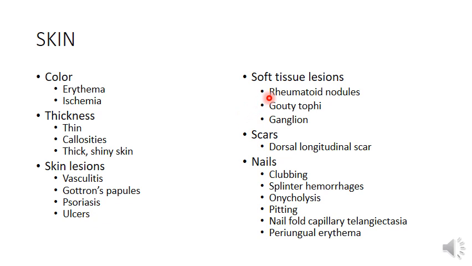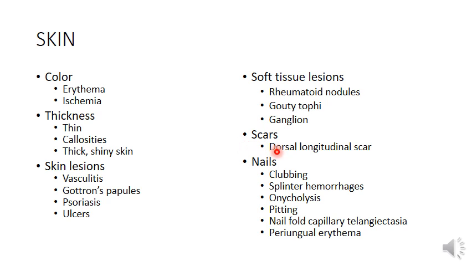Also observe for soft tissue lesions like rheumatoid nodules, which are usually present along the extensor aspects, gouty tophi, usually found in the distal interphalangeal joints, indicating gout, and ganglion, which is usually present along the tendon of the wrist. Observe for any scars, which can indicate previous surgeries.